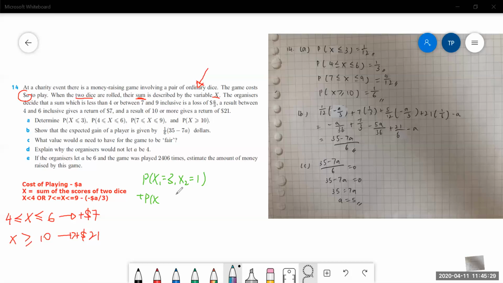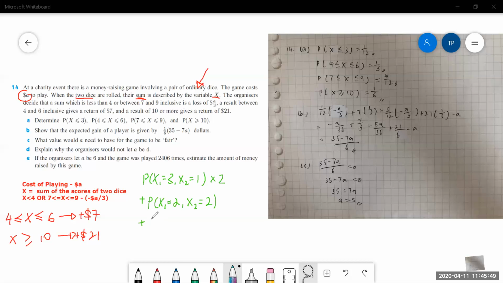The other way around will work too, so over here I need just times 2, plus probability of x1 equals to 2 and x2 equals to 2. No other ways really.